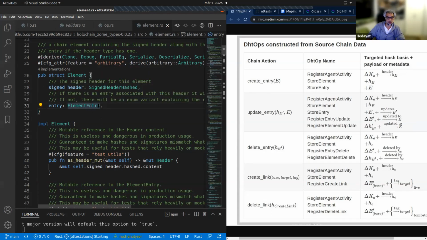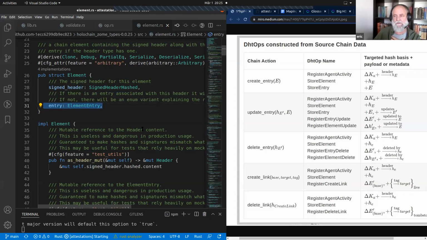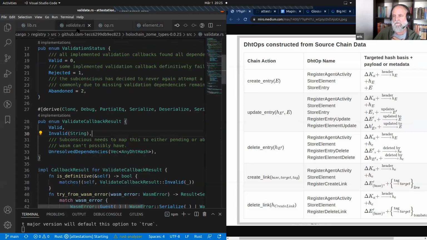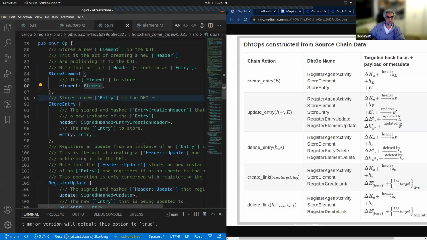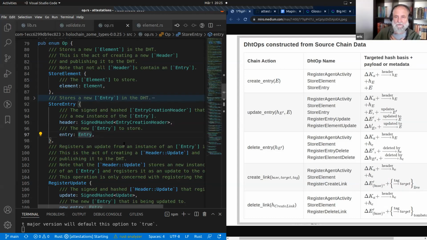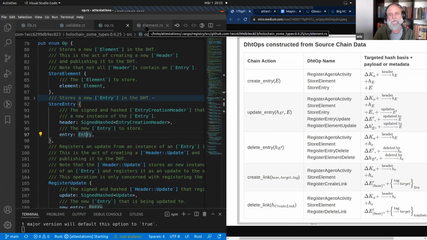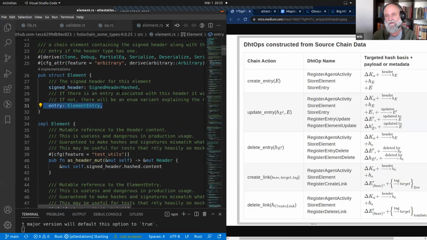And it's not optional in the other case. You actually have an entry. Because in the store element, what might be being stored is any kind of header, any kind of entry might be being stored.